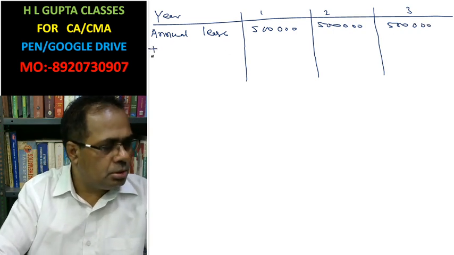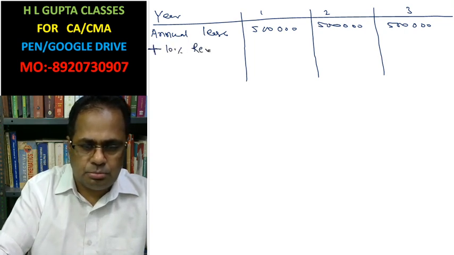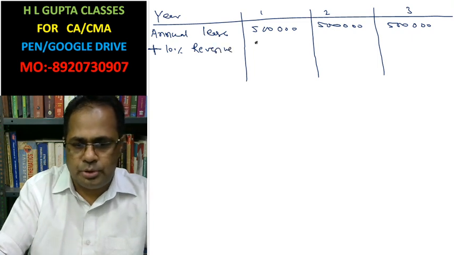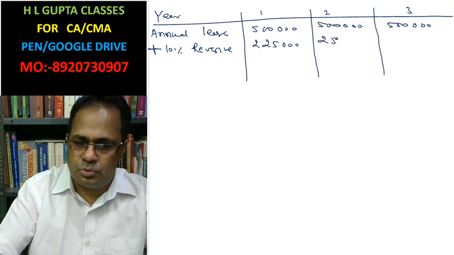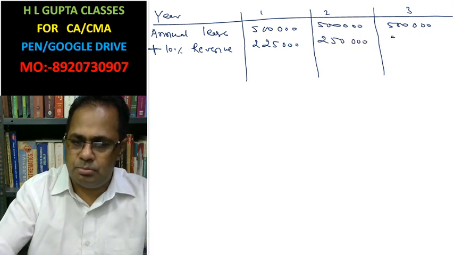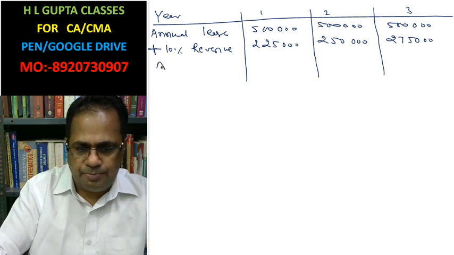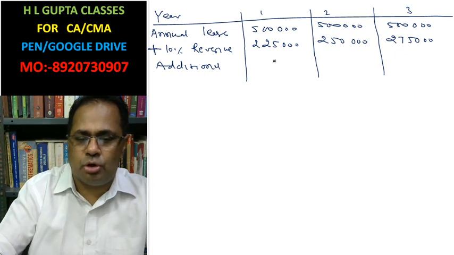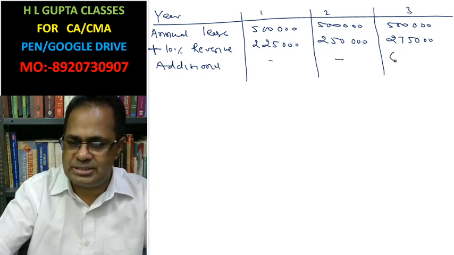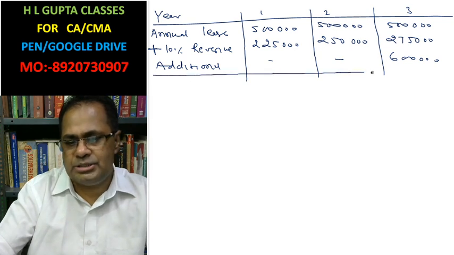Add 10% revenue: 2,25,000, 2,50,000, 2,75,000. Additional you have to give in the third year. You don't have to give it. This is just 6 lakh. Annual lease you have.